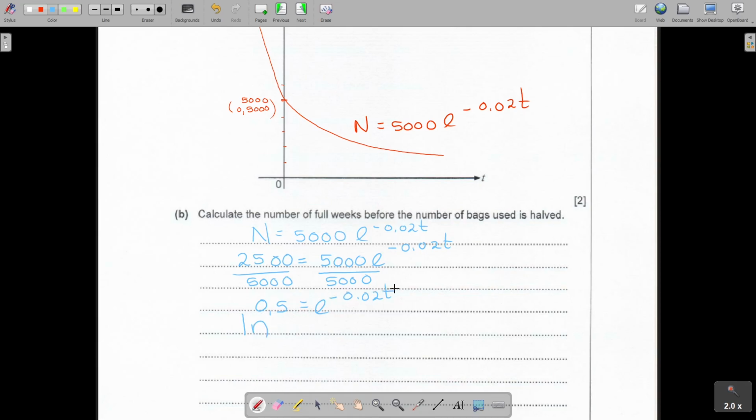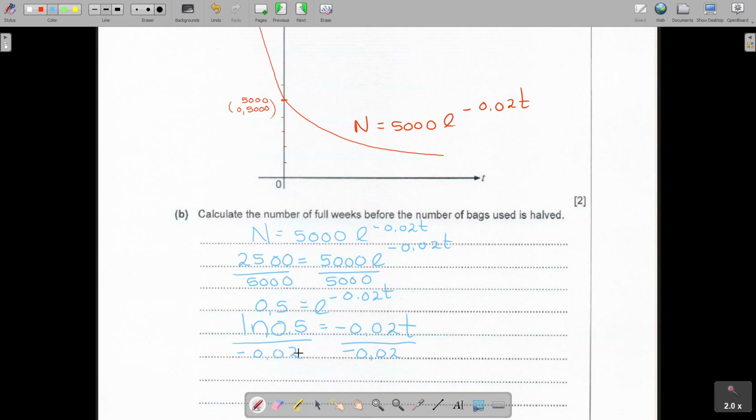Okay, and now what do we do? It's always like you swap these two. So there is now the ln, and then it's 0.5 equals negative 0.02t. Okay, and now you can basically just divide by negative 0.02, divide by negative 0.02.